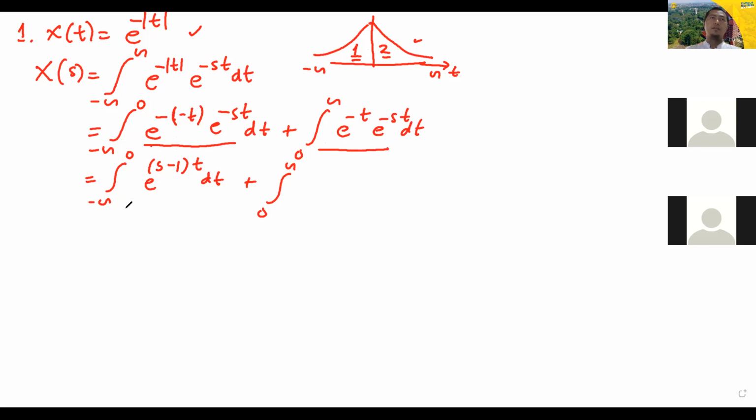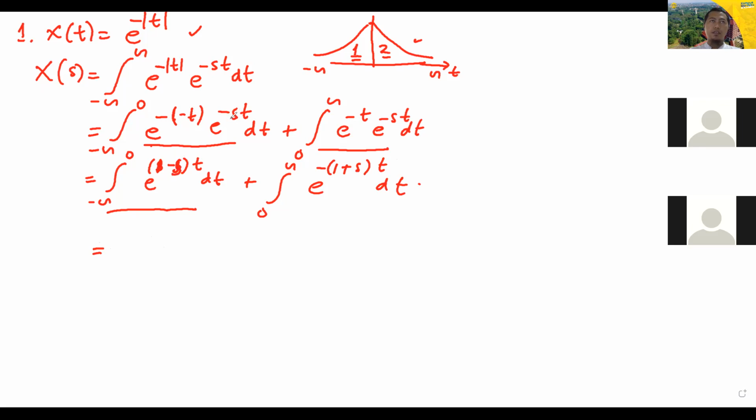And then the first area becomes this one. We can combine. And then for the second area, we can simplify it as minus 1 plus s, t dt. Okay. And for this, oh no, it should be 1 minus s.